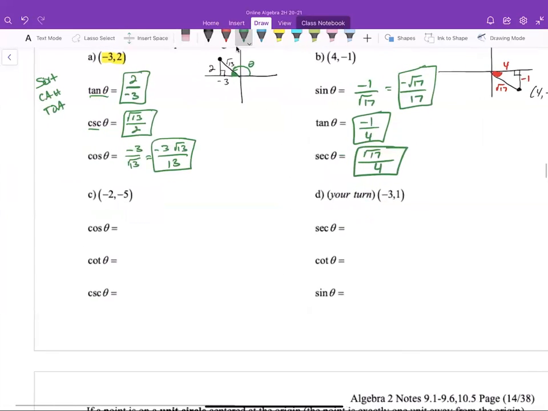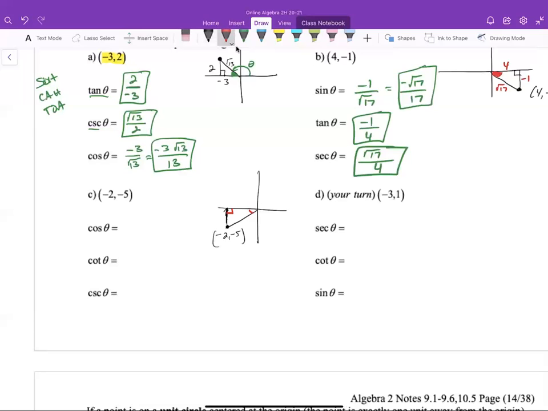Okay, so here we go. C, I'm going to draw my point, -2, -5. And so my point will be somewhere in here. I'll call this -2, -5. I will draw my terminal line from the origin. I'm going to create a right triangle with the x-axis. And there's my right triangle.